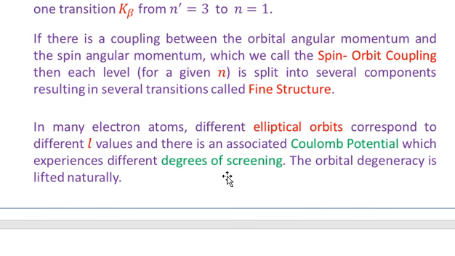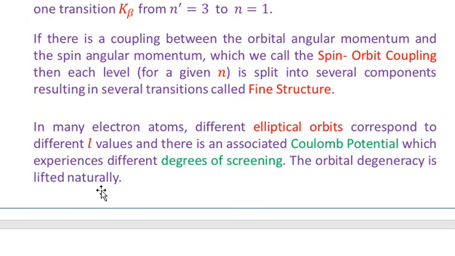And due to the different degrees of screening, the elliptical orbits of the electrons, and the different values of L for different orbits, the orbital degeneracy is lifted naturally.